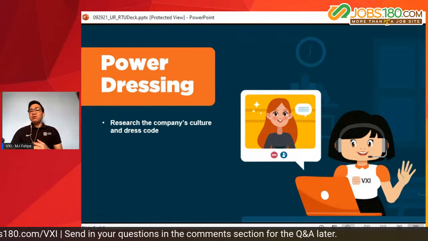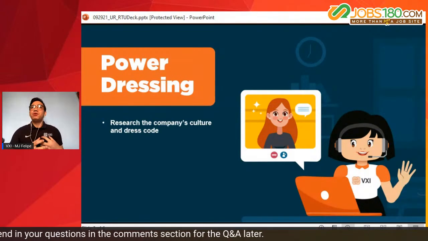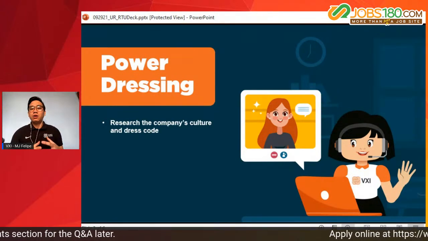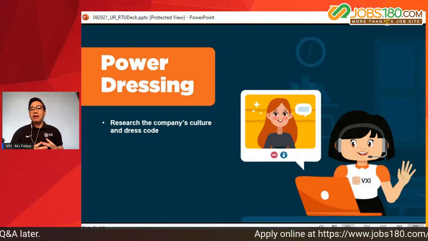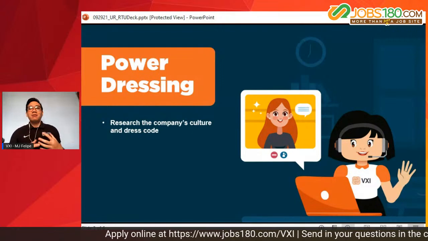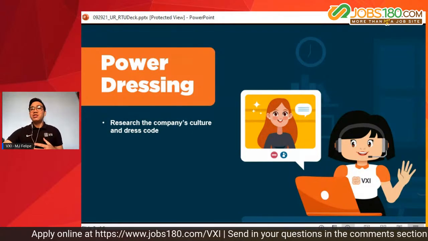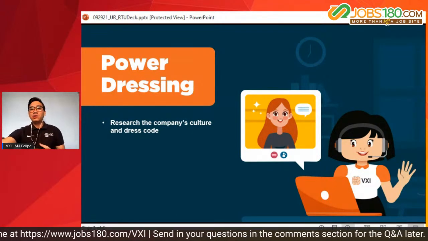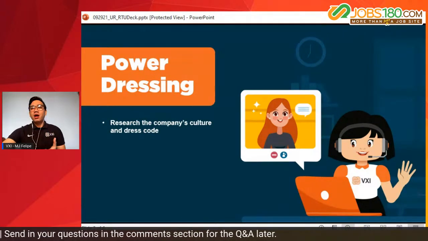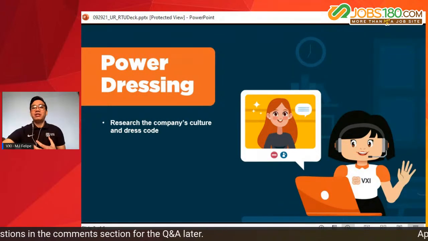If you don't know anyone from the company, or you are just casually walking in to apply, you could research on Google some information about the company's dress code and culture. It would give you an idea what to wear for your interview.